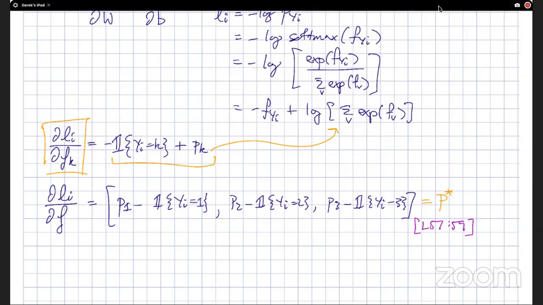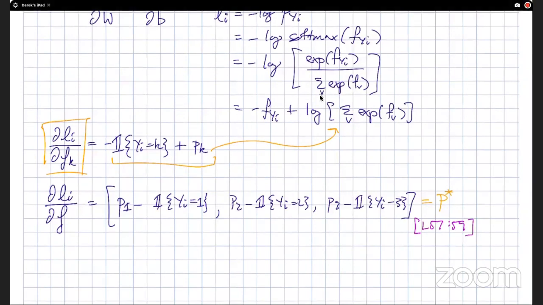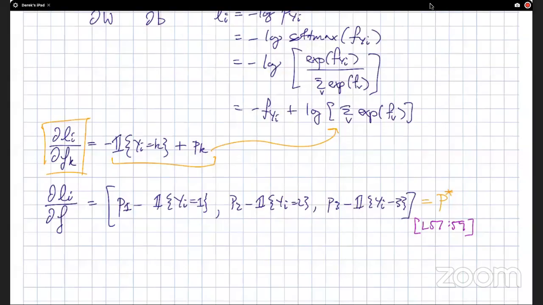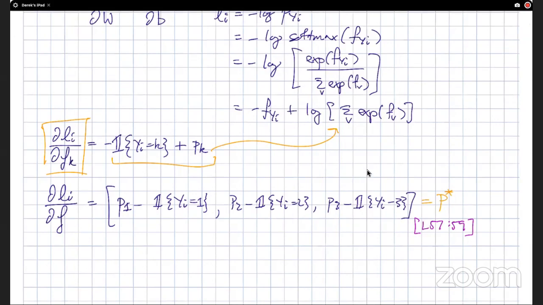Okay, let me turn off the share first and then turn it back on. Is it fine so far? I'm starting to scribble. Okay, cool. So unfortunately you can't see my face.